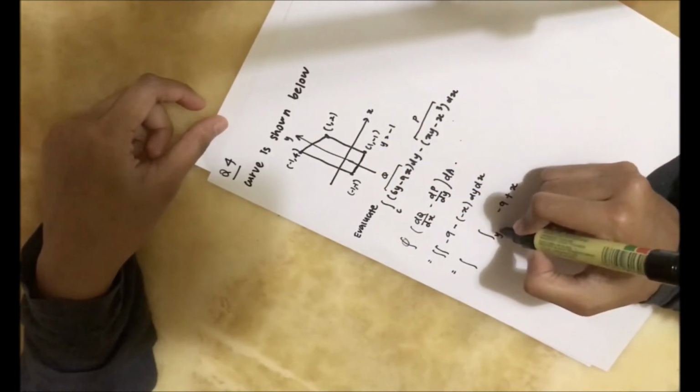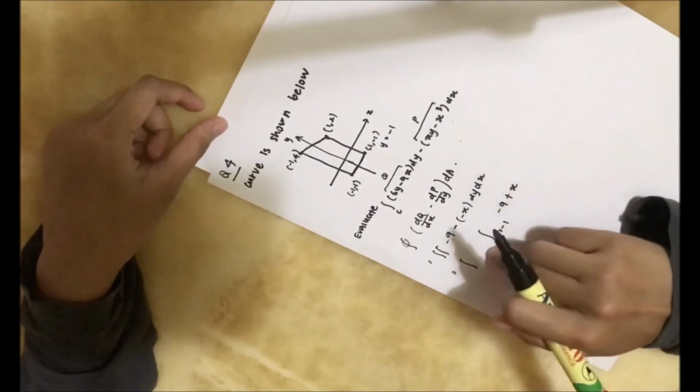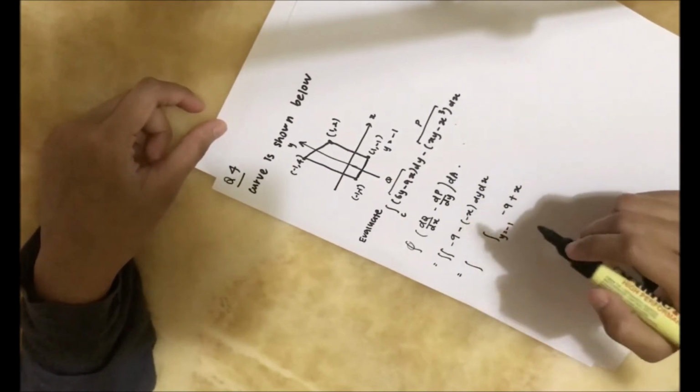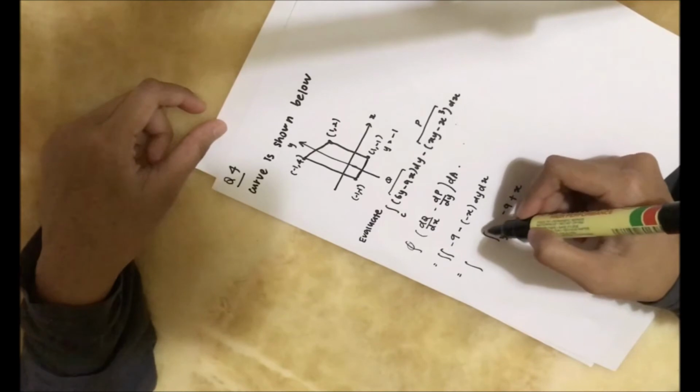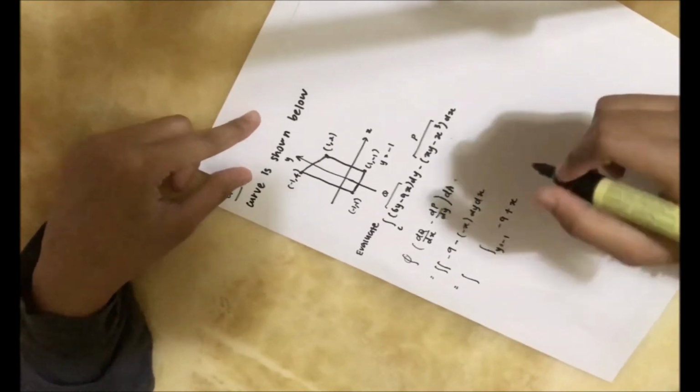So y equal to -1 for the below part, and for the upper part, the top part, we need to find the y.